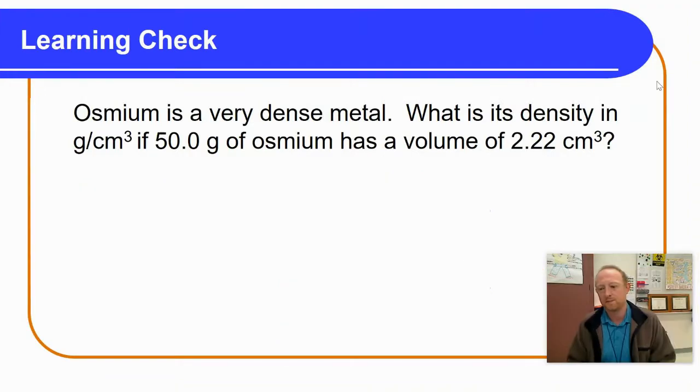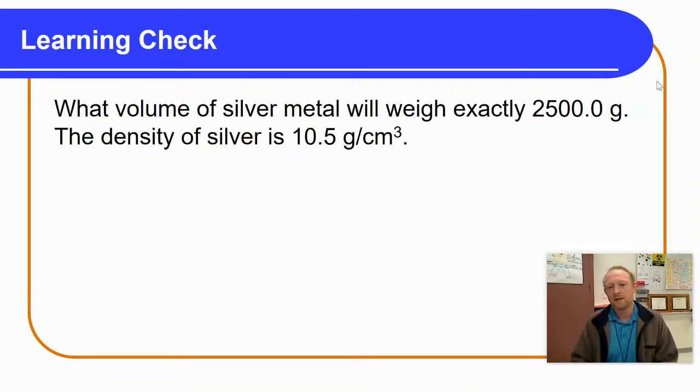Let's try another problem. What if, instead of asking for density, they're asking for volume? So this practice question says, what volume of silver? Okay, so if we want to know the volume, we're going to use a different equation.